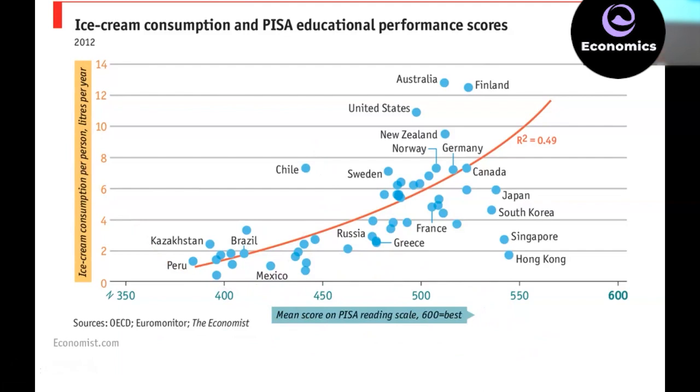Right. Or maybe there's something else driving these two. Maybe the income per capita in those countries. People have more money, they could afford to consume more ice cream. And the reason they have more money might be that their population is better educated.